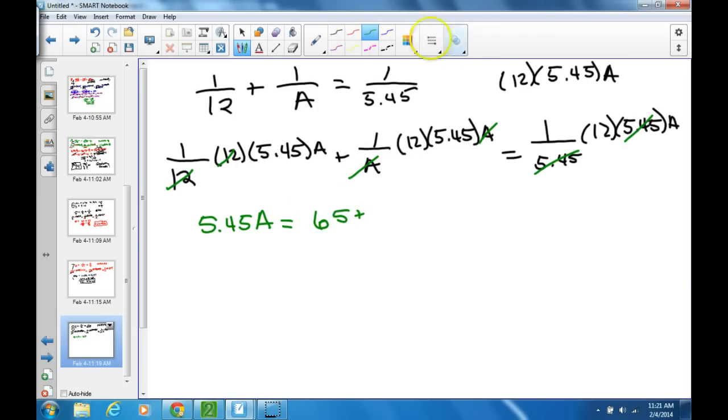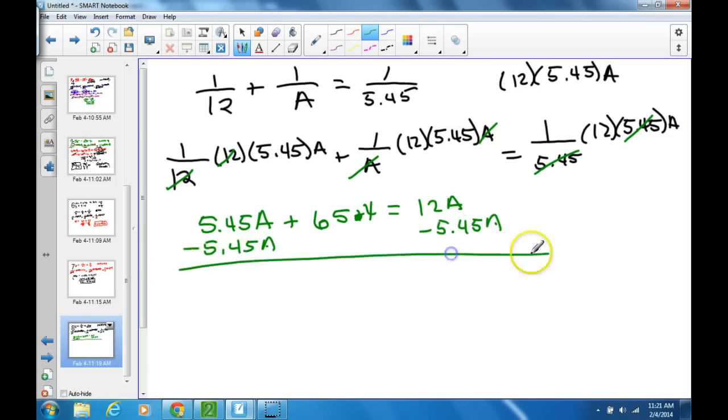Oops, it shouldn't be equals, it should be plus. 5.45A plus 65.4 equals 12A. You're going to subtract. I would take the 5.45A from both sides, that way we just have a positive A. You could do it the other way too.